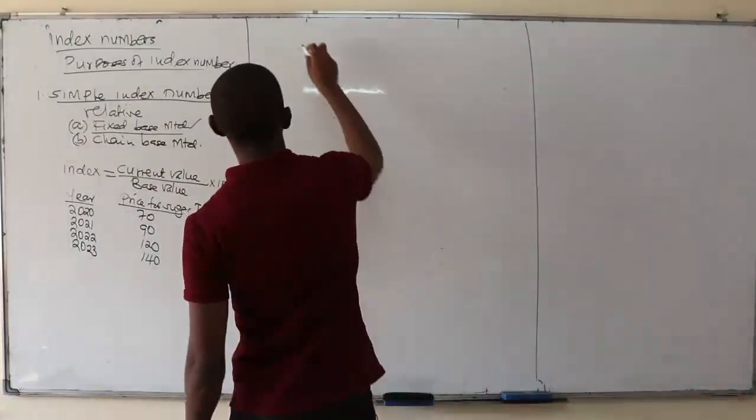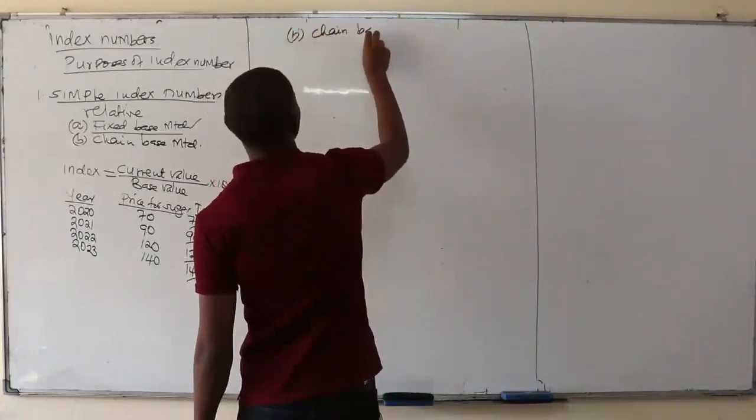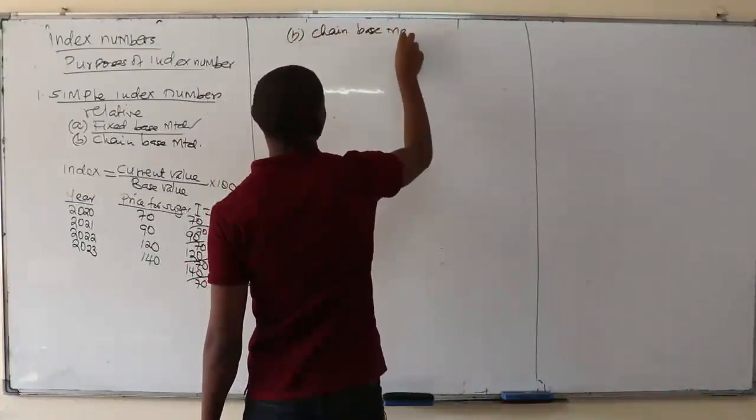Now, method number B is what we call the chain base method.